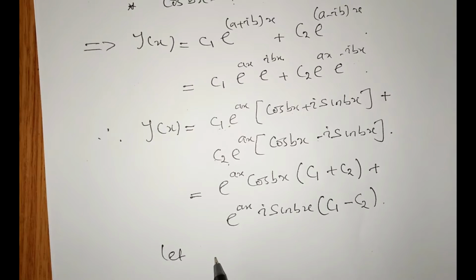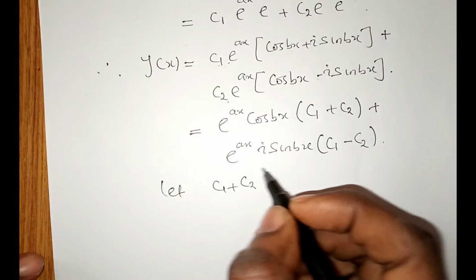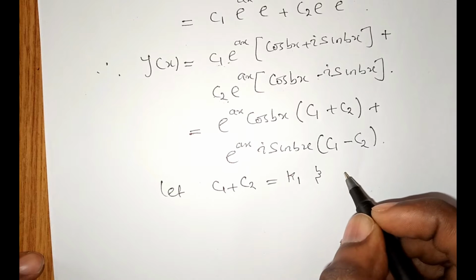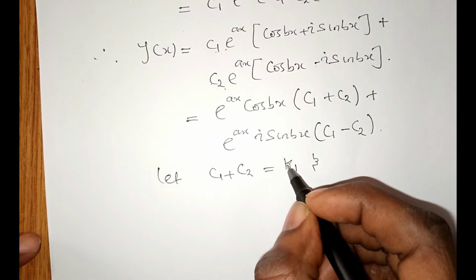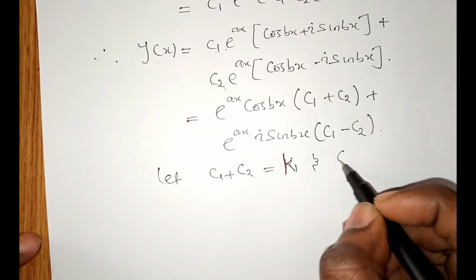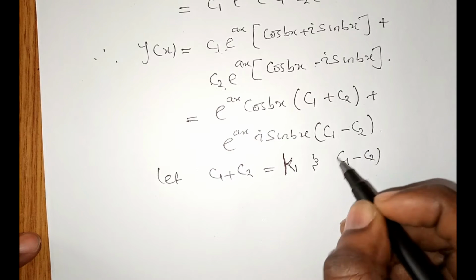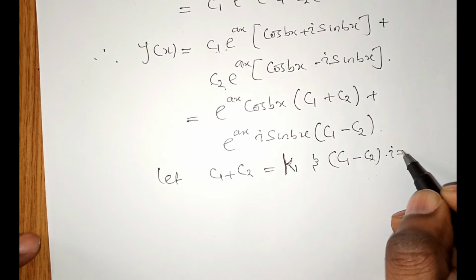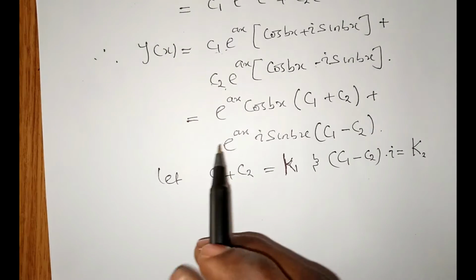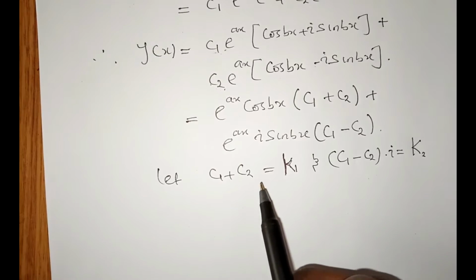Now let c1 plus c2 be equal to capital K1, and c1 minus c2 multiplied by i is equal to capital K2, while the roots are small k1 and small k2.